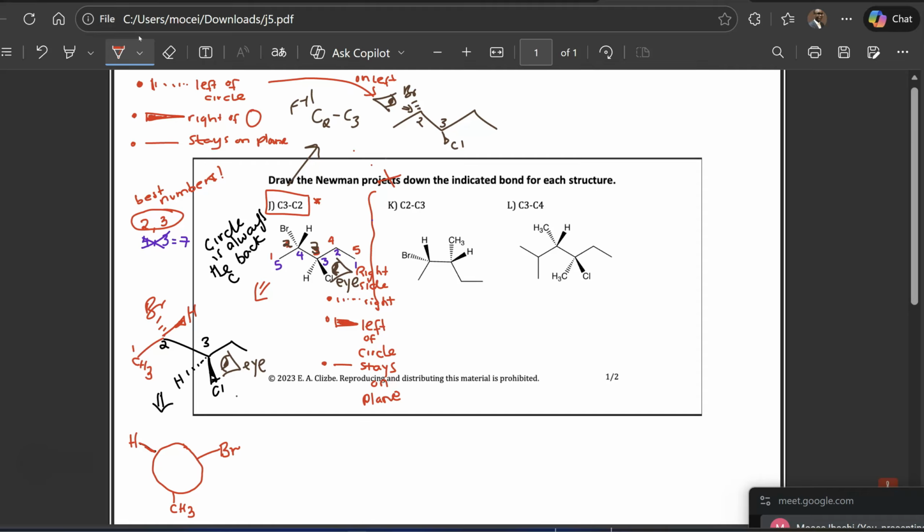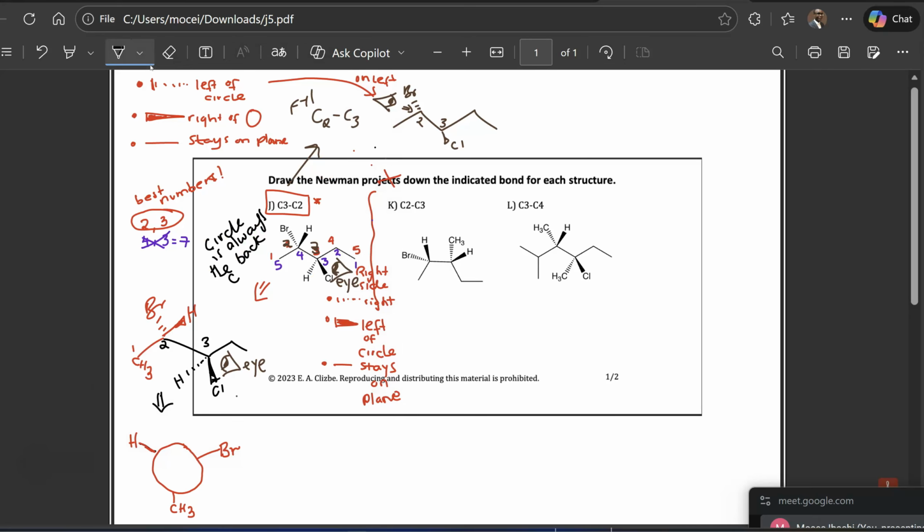The circle. We say the circle is always the back carbon, right? So you don't draw the lines into it. You attach it on it. So the entire circle is the carbon. Just draw bonds onto the circle. Do not cross.